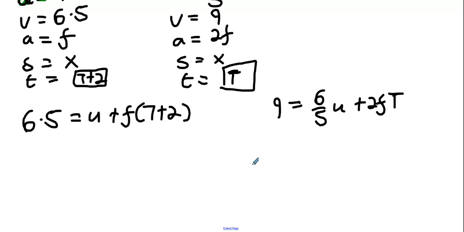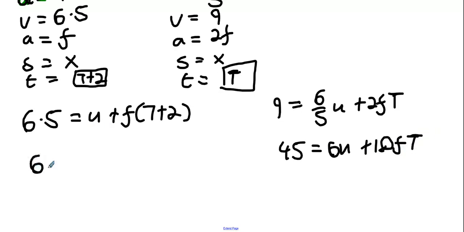I'm going to get rid of that 5. Multiply both sides by 5. 45 equals 6u plus 10ft. And this one's going to be 6.5 equals u plus ft plus 2f, okay?